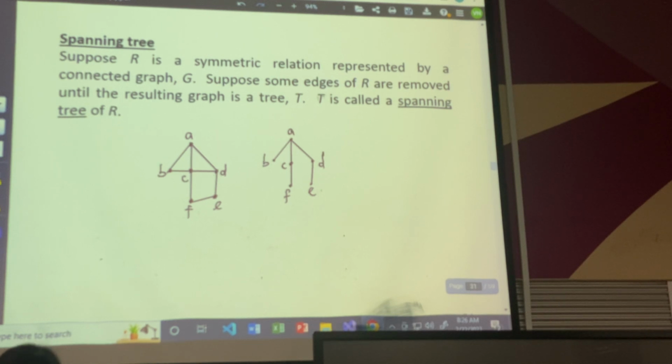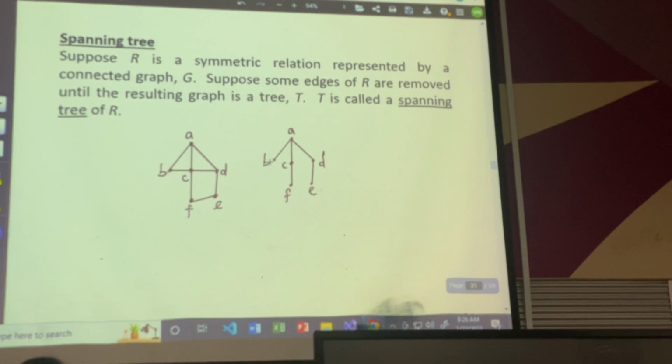Is there any other way to get an undirected tree besides removing these three edges? A to C and A to D. Let's see the graph.